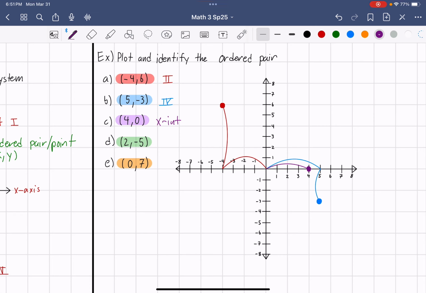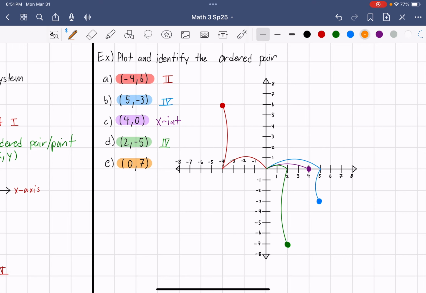It's exactly on the x-axis. My next point, starting at the origin, I'm going to go 2 to the right, and then down to -7 for the y. This is what it's going to look like here, and down to -7. And that's where my point is, which is also in quadrant 4.